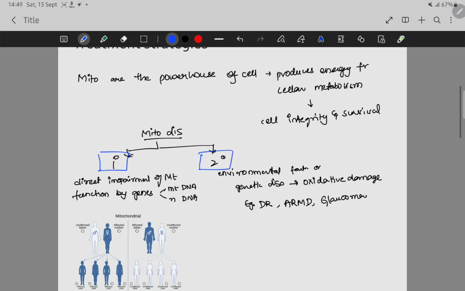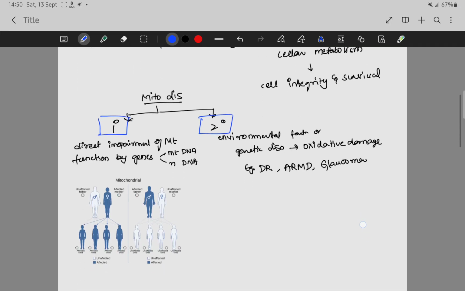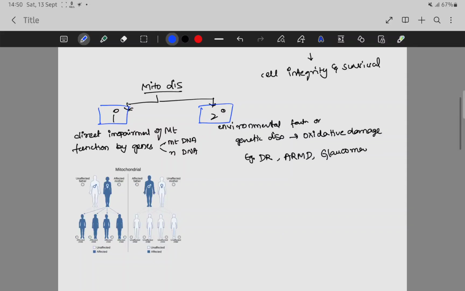Now coming to the primary mitochondrial disorders, the genetics of these primary disorders. We said mtDNA and nDNA. The mtDNA has maternal inheritance, that is, it is transferred from mother to child, whereas nuclear DNA is either autosomal recessive or autosomal dominant.